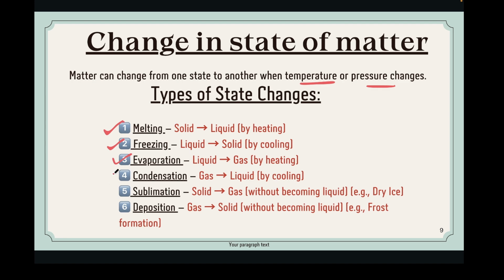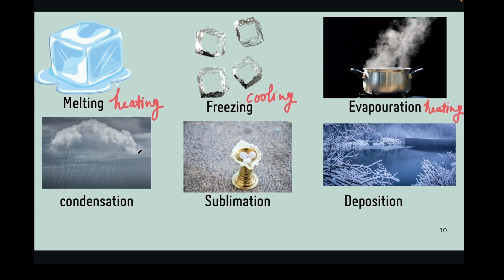Next is condensation. Rain is a natural example of condensation. Water from ocean, river and lakes evaporates and rises into the air as water vapor. As water vapor rises, it cools in the upper atmosphere. The cool air causes the upper layer of vapor to condense into tiny water droplets, forming clouds.